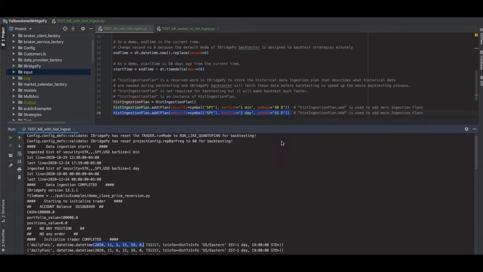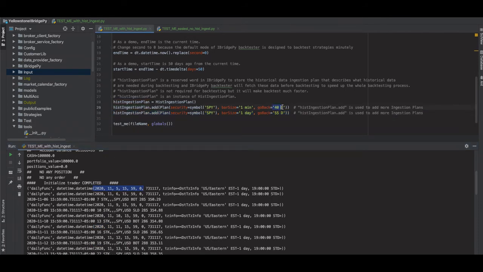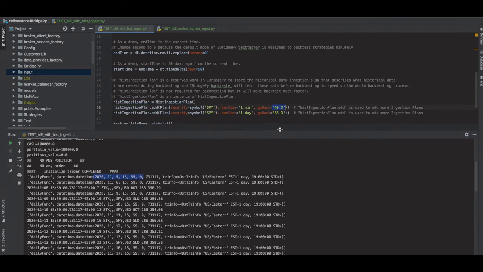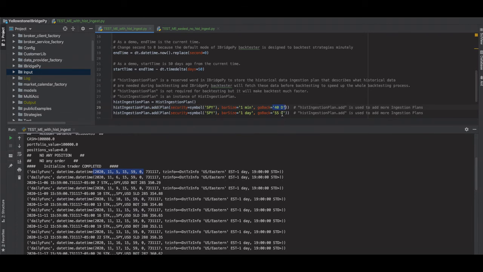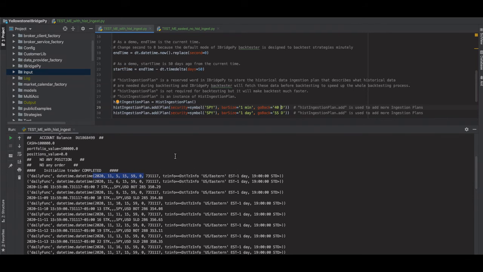Why does this happen? Because the 50 days does not count holidays and weekends. The 50 days is calendar days. If you subtract weekends and holidays, 40 days is good enough to cover the backtesting. And then we can see the backtesting.